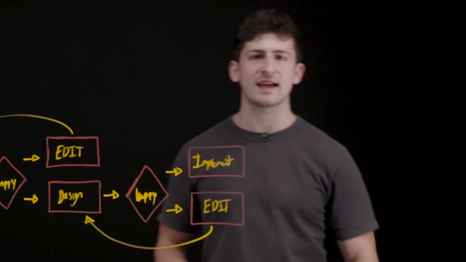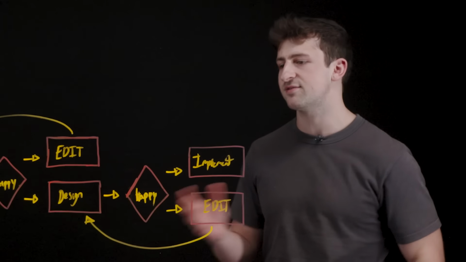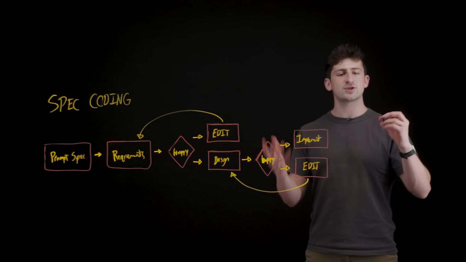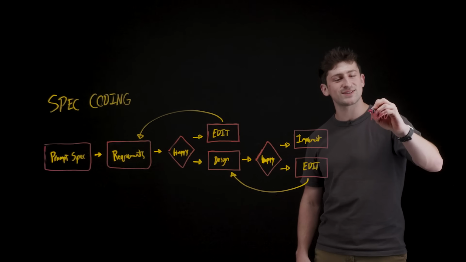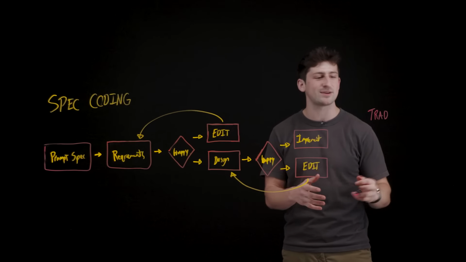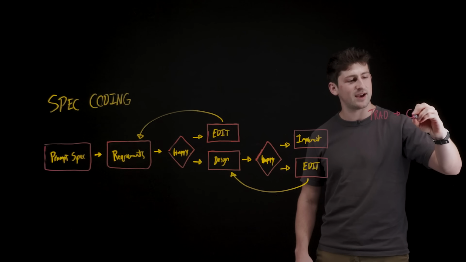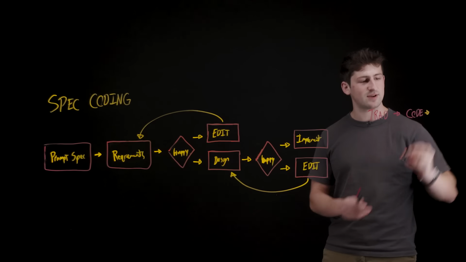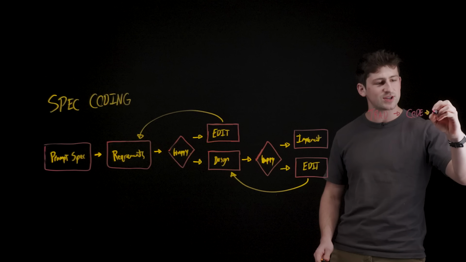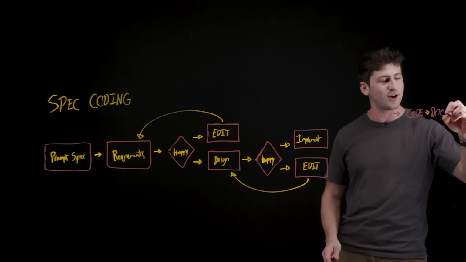But really quickly, I want to explain how it's different from other development cycles. In traditional development, most folks started by writing code first, and then afterwards came documentation. We would start with our intuition and go from there.